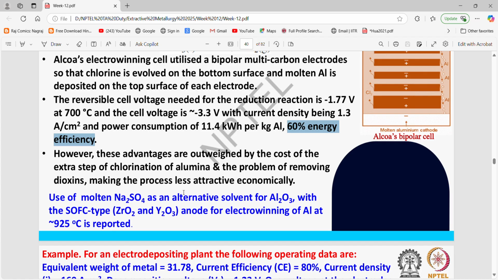However, when we are adding this extra step of chlorination process, it adds to the cost of the process and it becomes less attractive economically as compared to Hall Herold cell process.